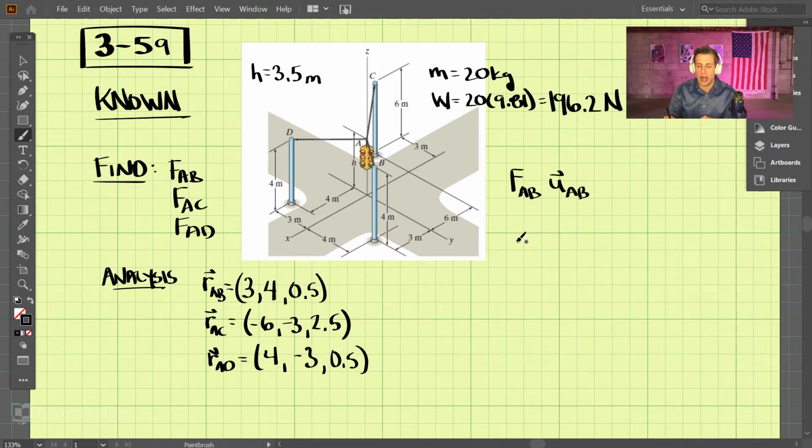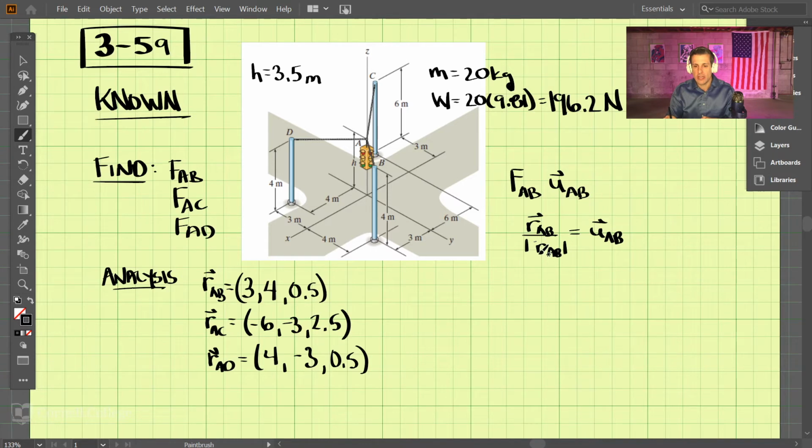And remember, how we do that is just take the position vector, let's say RAB, take that position vector and divide it by its total magnitude RAB, or its total length RAB. And what that will do is scale it down by its magnitude. So the length is a 1, which makes it a unit vector.